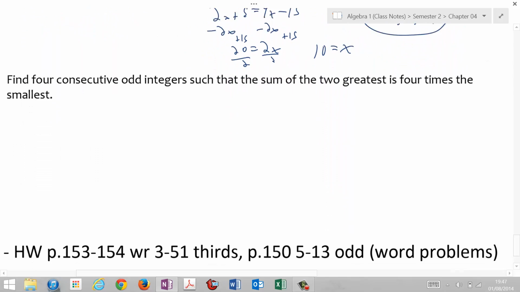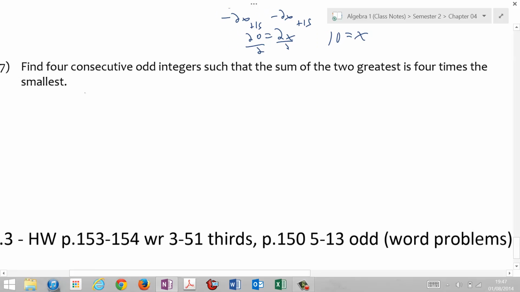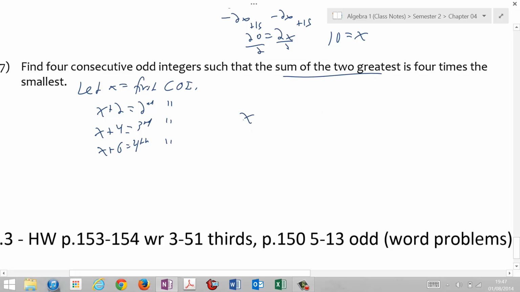Lastly, we have 4 consecutive odd numbers. So we're going to let x equal the first COI. Then I have x plus 2, x plus 4, and x plus 6 for the second, third, and fourth. Sum of the two greatest, x plus 4 plus x plus 6, is 4 times the smallest, which is just the x.